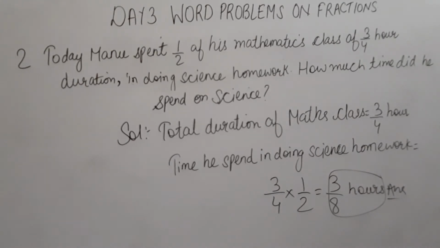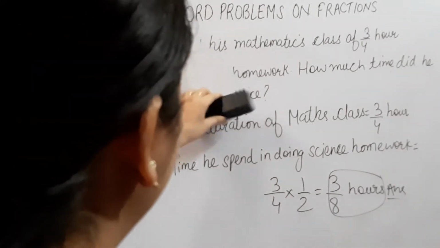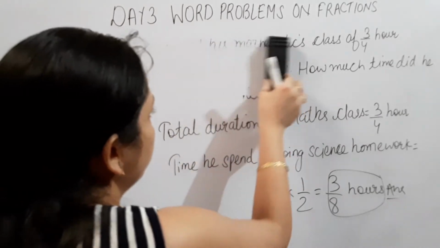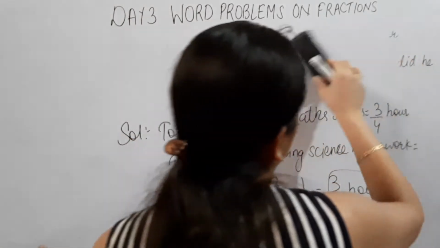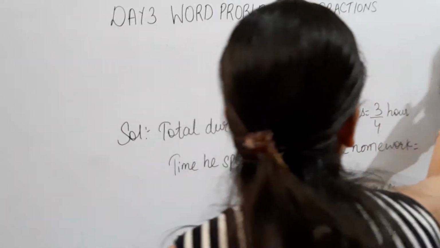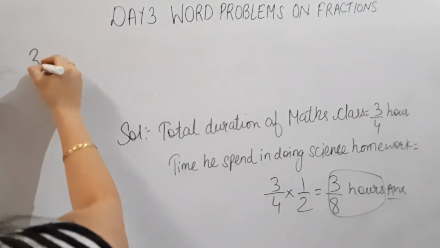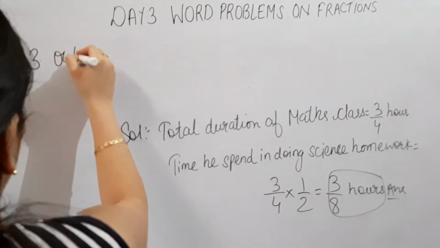Where of is given, you have to multiply it. But you have to understand the question first. Not everywhere where of is given you have to multiply. Just try to understand the question. So question number 3.